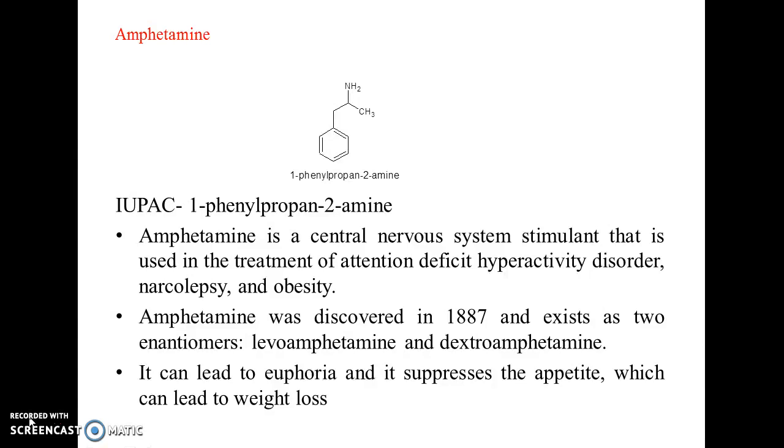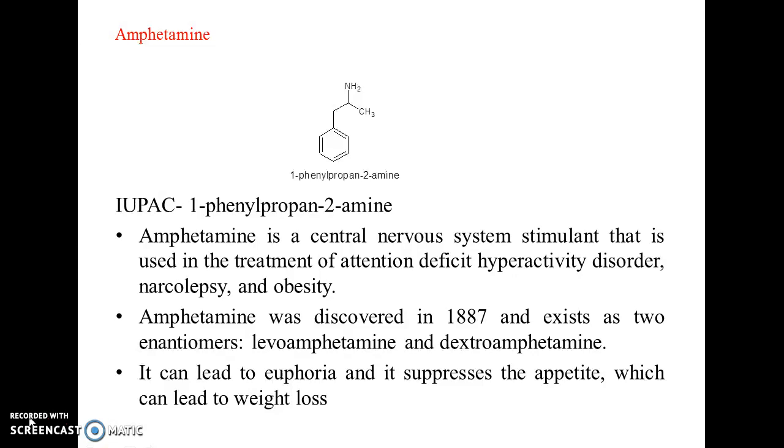Next, coming to amphetamine, it is a central nervous system stimulant which is used in the treatment of attention deficit hyperactive disorder, narcolepsy, and obesity. Amphetamine was discovered in 1887. It exists as two enantiomers, levoamphetamine and dextroamphetamine.